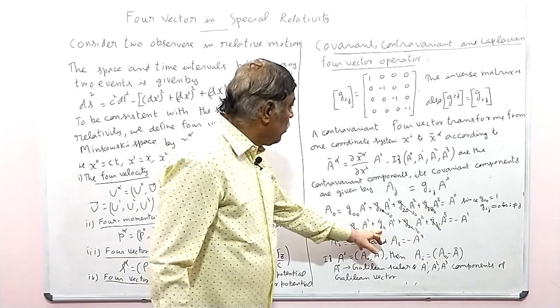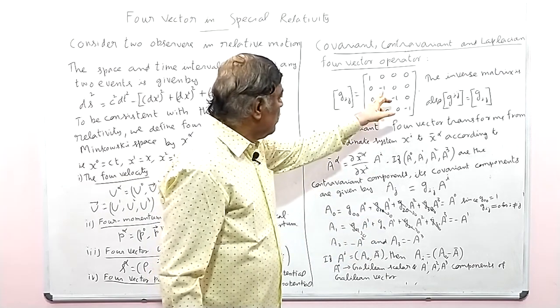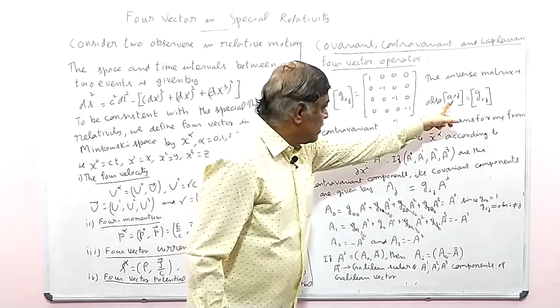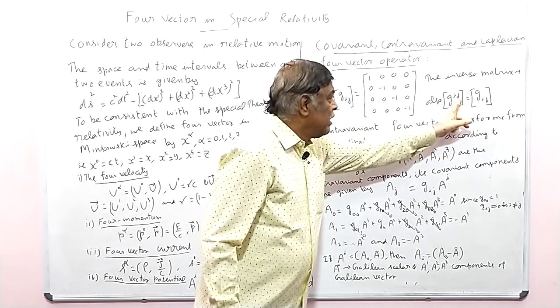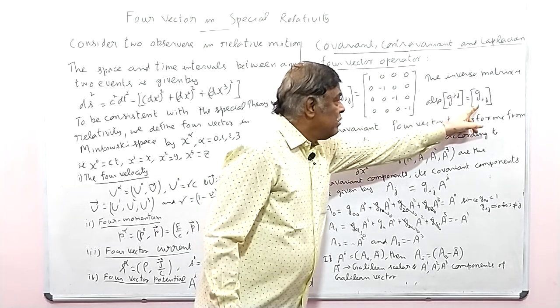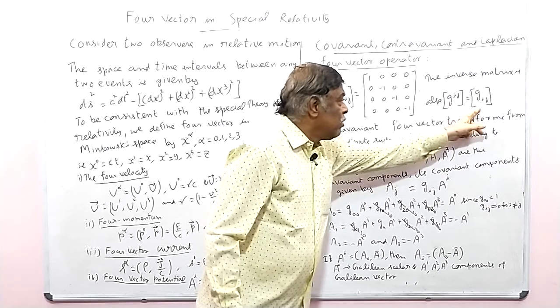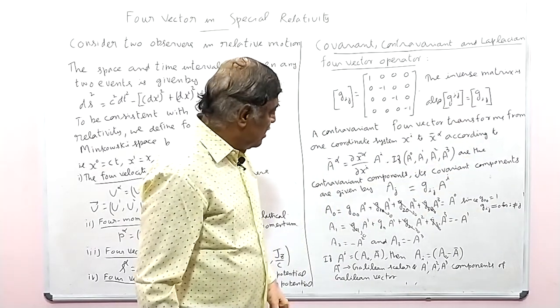What is G11? G11 is equal to minus 1, because the contravariant metric tensor G^ij will be equal to the covariant G_ij.